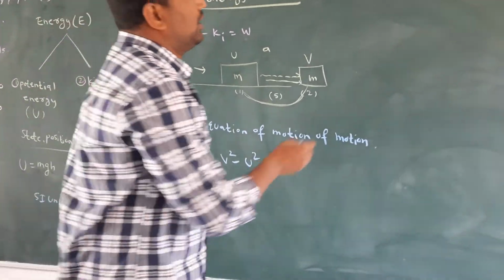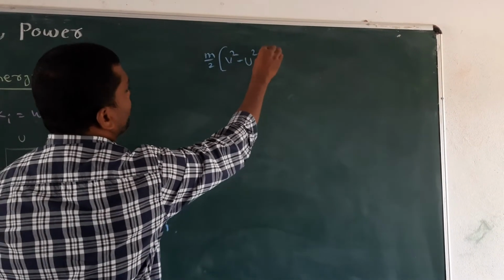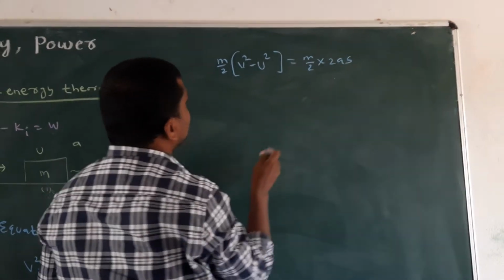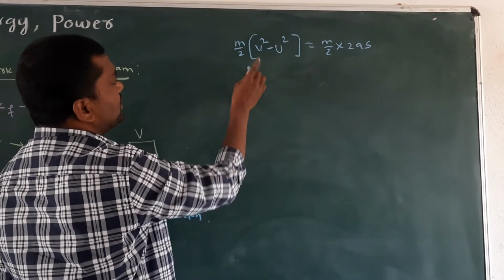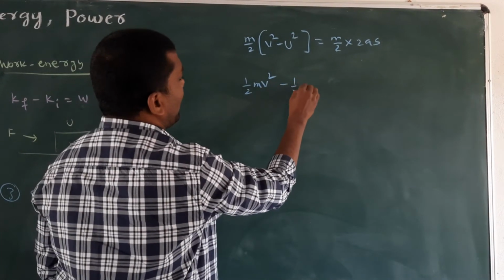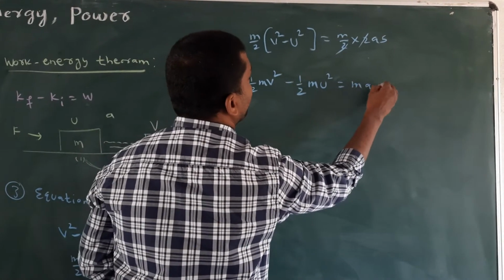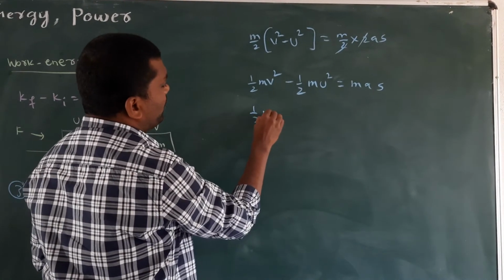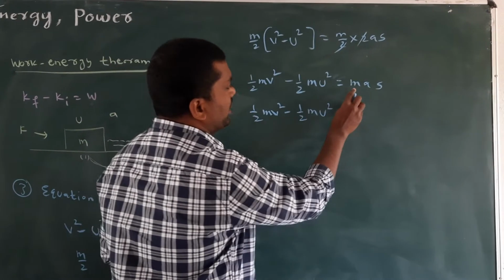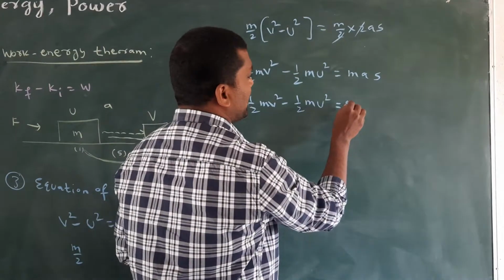So m by 2 into v square minus u square is equal to m by 2 into 2as. The 2 will be cancelled, so ma. Next, half m v square minus half m u square is equal to the product of mass and acceleration, and by Newton's second law, F is equal to ma.